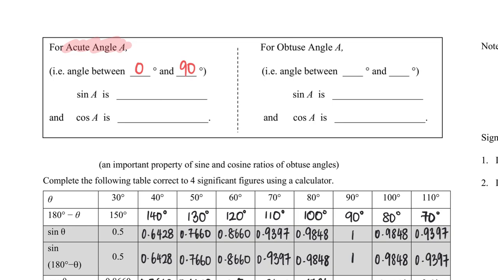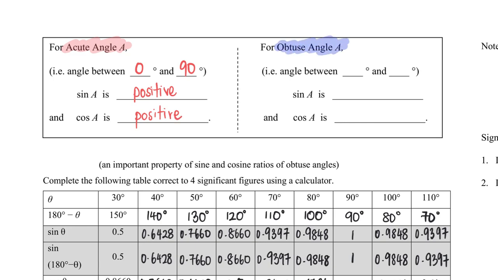Then a very important property, which later we will look at the table to ascertain the fact, is that sine of an acute angle is always positive. The cosine of an acute angle is also always positive.